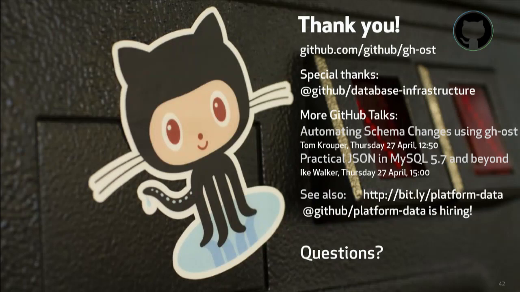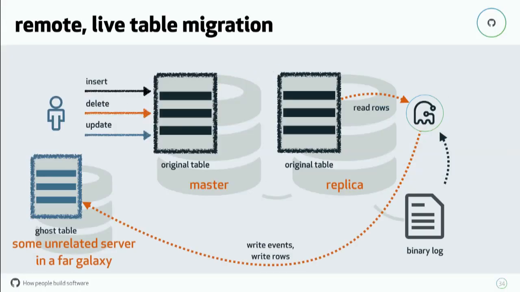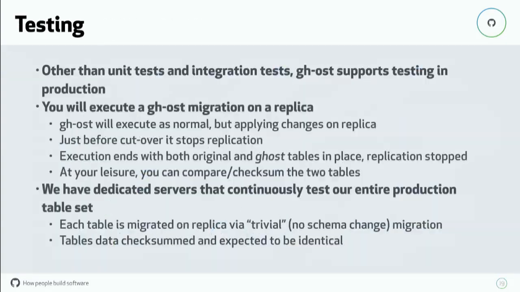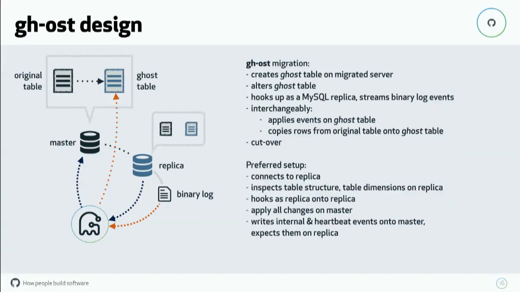So what's the copy like is the question, right? So they're happening at the same time. What's happening is Ghost is applying the events and copying the rows from the original table interchangeably.